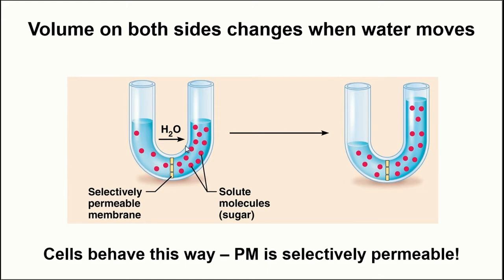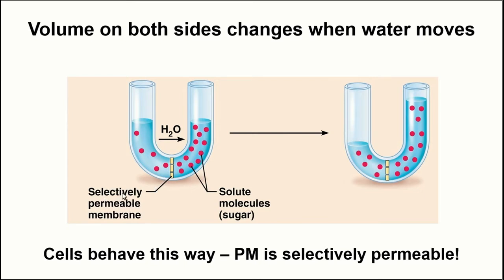We've got equal volumes of material on both sides of this U-shaped channel, and we have a selectively permeable membrane between the two. And these red dots within it represent a sugar in this example. So these are solute molecules which are represented by sugar.